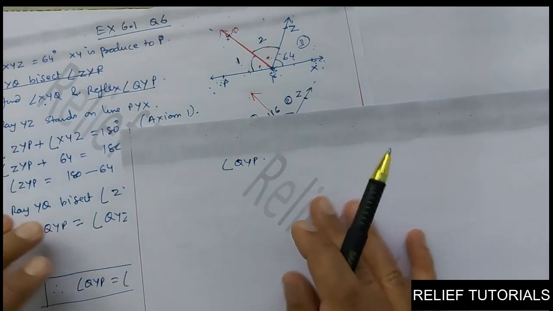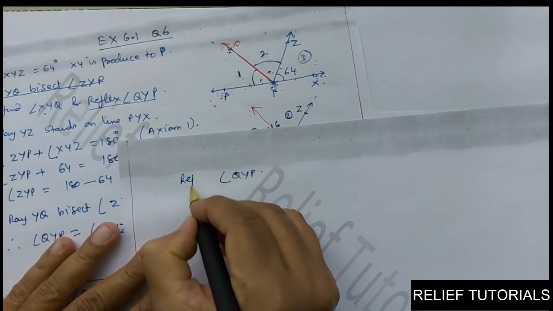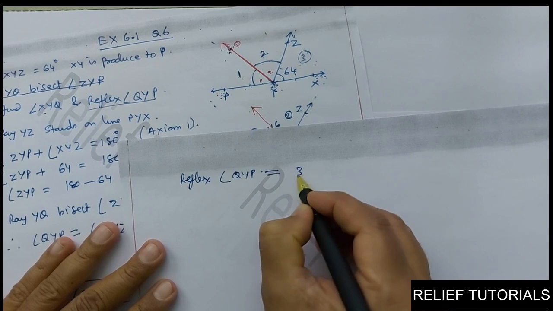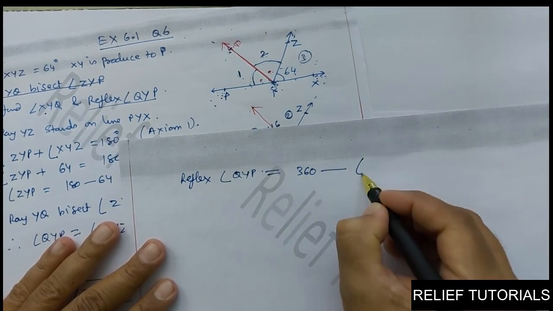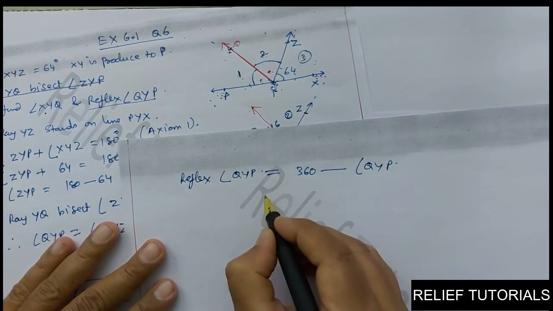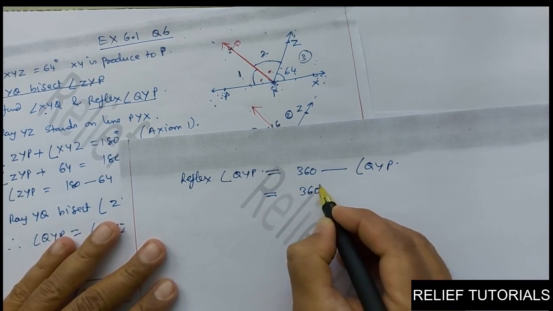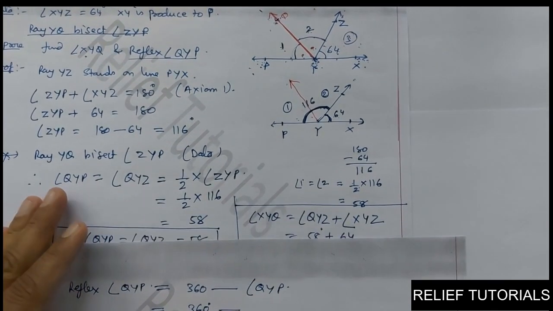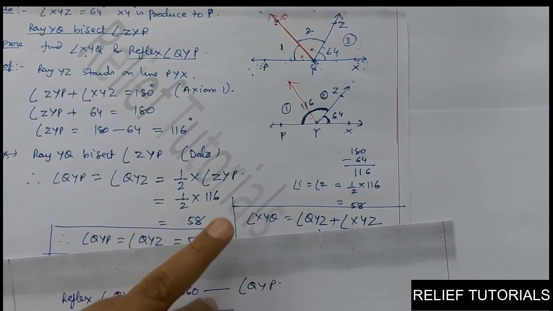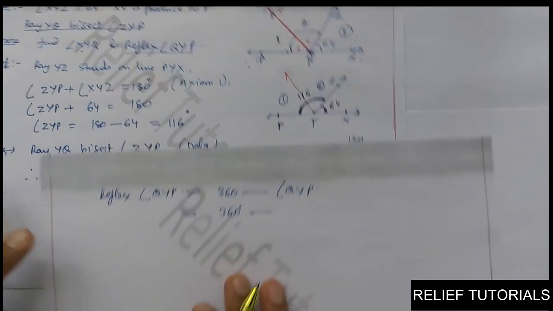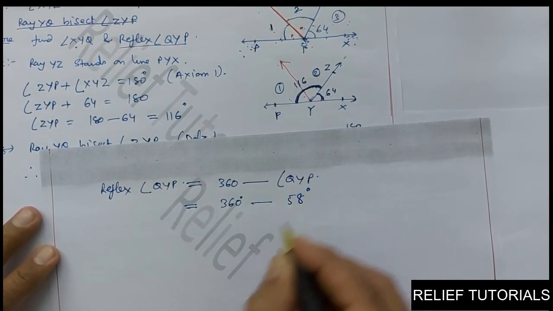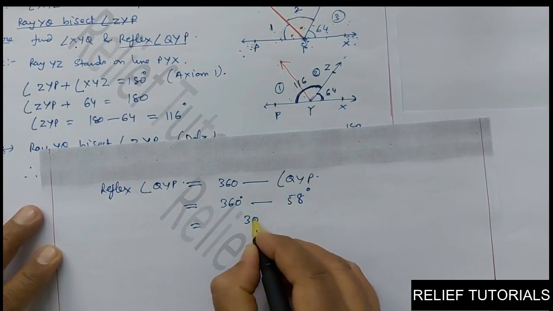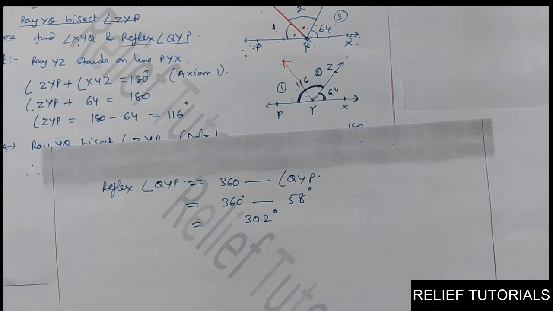So reflex of angle QYP is equal to 360 degrees minus angle QYP. Very simple. So 360 degrees minus QYP. QYP is how much? Already we have discussed QYP is equal to 58. So that is 360 minus 58 degrees. So the answer will be 302. So with this we have completed our exercise.